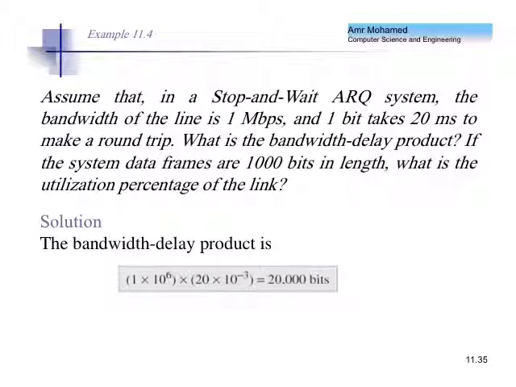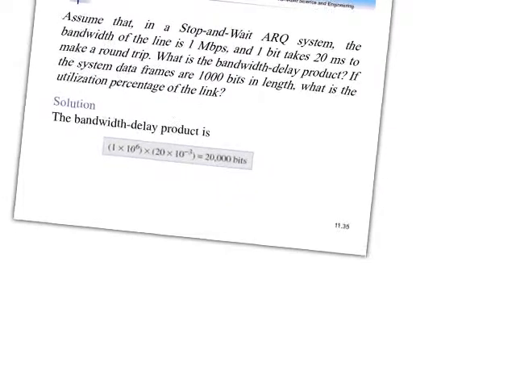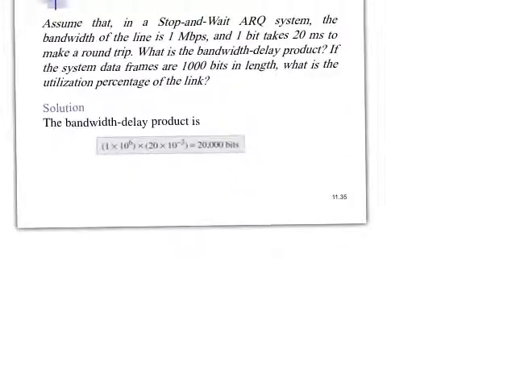The time that we take to transmit 1 bit on a channel with a rate of 1 megabit per second is simply 1 over 10 to the power 6. So T is 1 over 10 to the power 6. In other words, it's 1 microsecond. Okay?